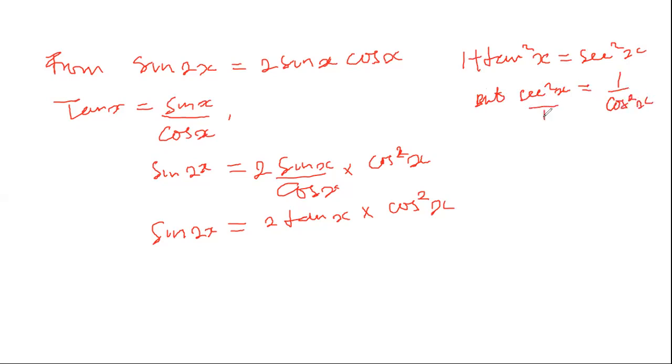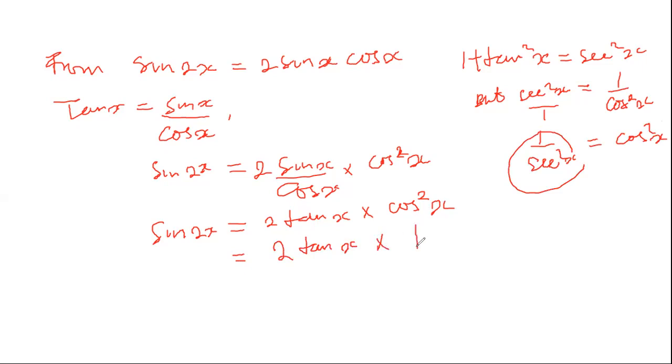So if we introduce the reciprocal, 1 over sec squared x would be the same as cos squared x. We shall substitute it here, such that now our equation becomes 2 tan x, then multiply that by 1 over sec squared x.